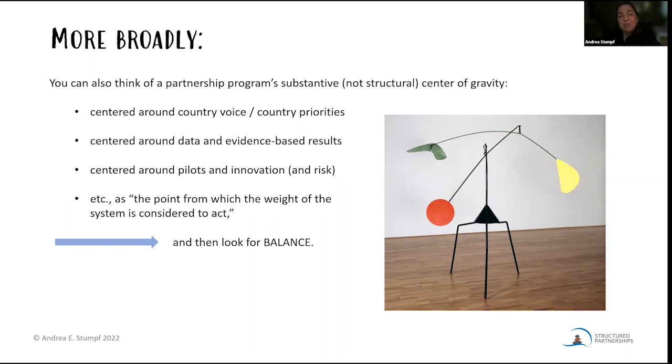Or your partnership may be heavily focused on data and evidence-based results, where that is a focal point, a center of gravity. Or even if it's an incremental approach around pilots and you're really emphasizing the innovation and the impact that has on the risk profile. All of which is just to say, look for that point from which the weight of the system is considered to act, again the definition that we had early on, and then from there, look for ways to build the balance.